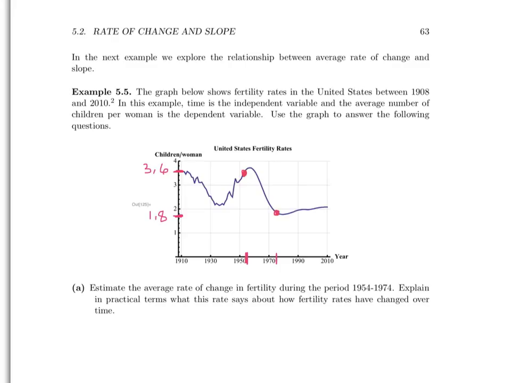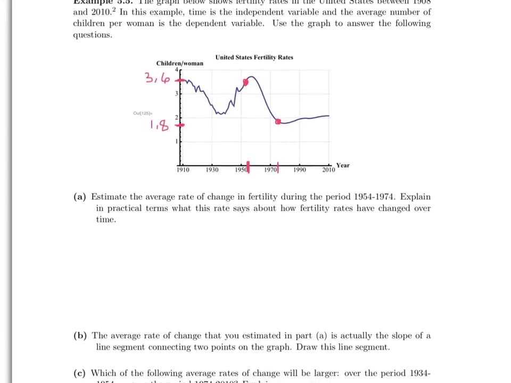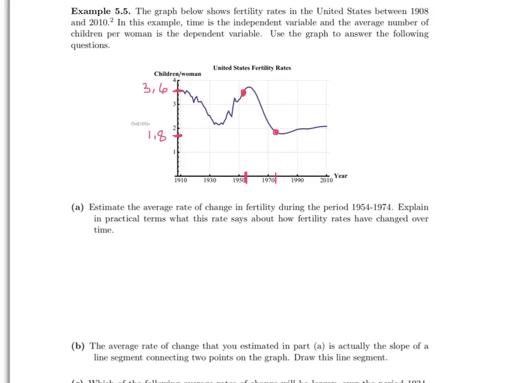So now that we've got some information from our graph, let's make a table of values. So we've got the year and we've got fertility. So remember, this is our input and this is our output.